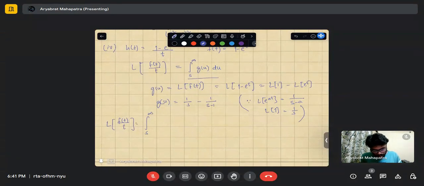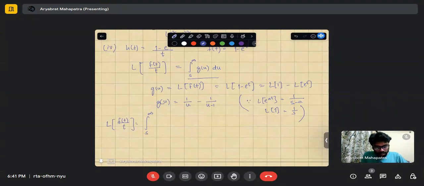So g of u is 1 over... sorry, let me write this in terms of u. This is u, this is u. This is basically your Laplace transform variable, your new domain variable when you do your Laplace transform of 1 minus exponential t.